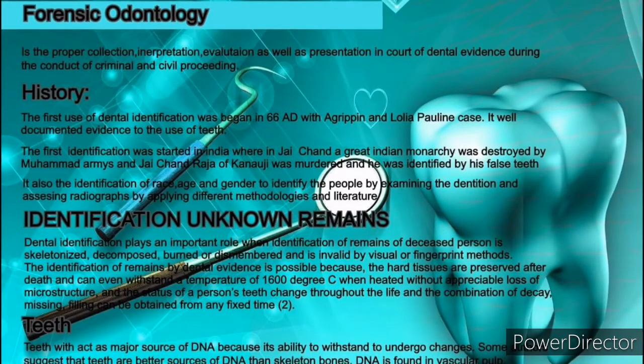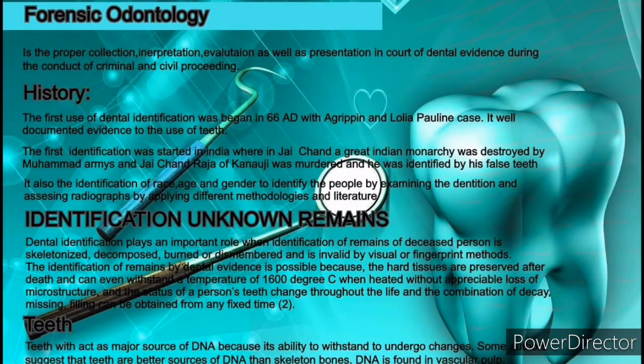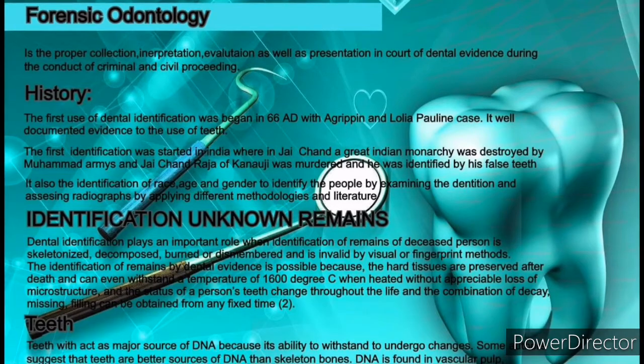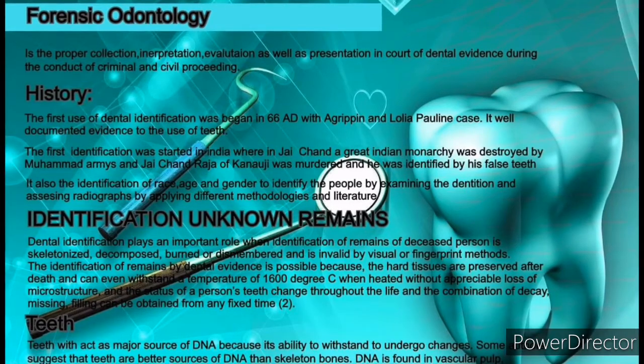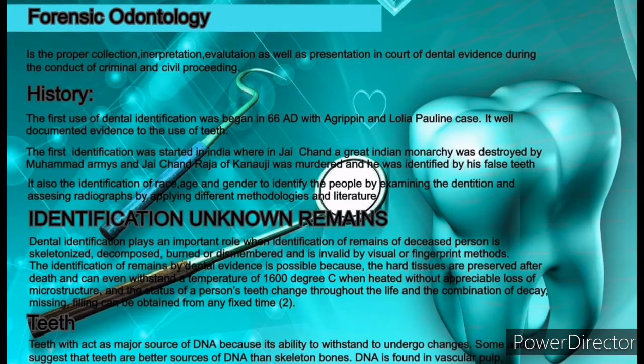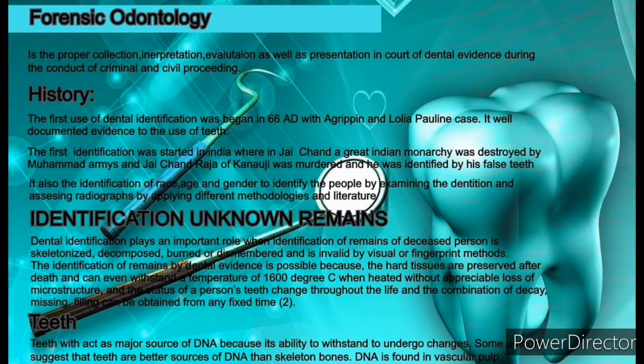Identification of unknown remains. Dental identification plays an important role when the remains of a deceased person are skeletonized, decomposed, burned, or dismembered and cannot be identified by visual or fingerprinting methods.